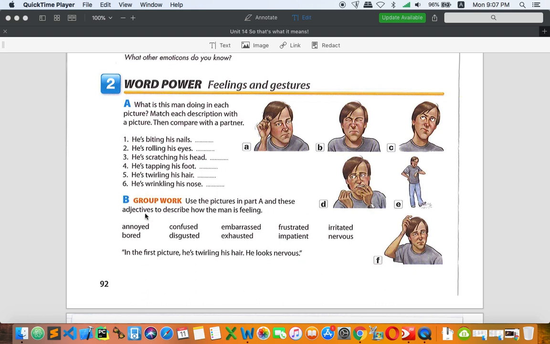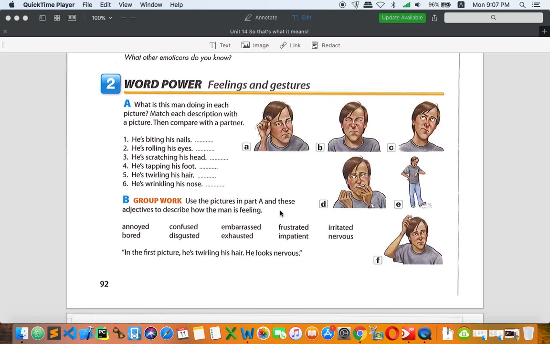And you can use these adjectives to describe all of these feelings. It can be more than one. It doesn't matter. You can come up with two or three. It depends, but make sure that the feelings really match these expressions. And we have some new words as well, so you can check and find out what they mean exactly. If you are not really sure, you can ask me.